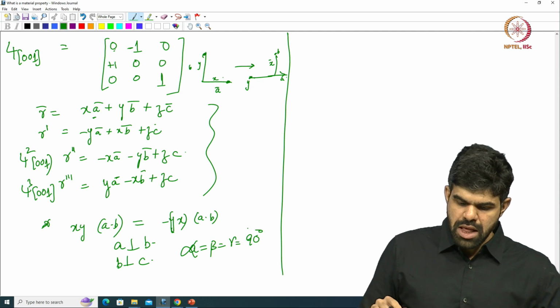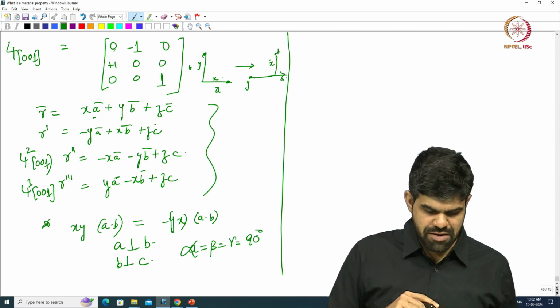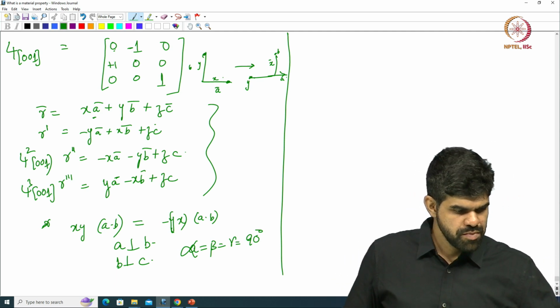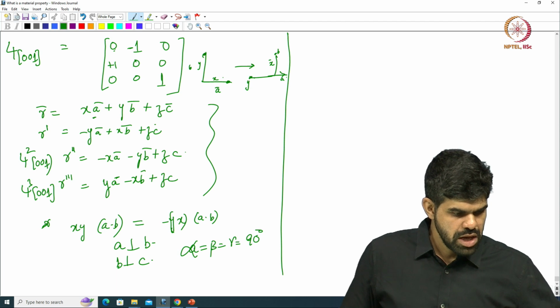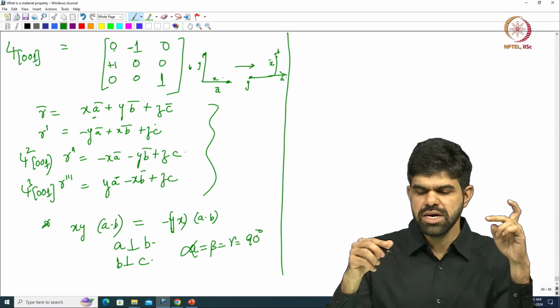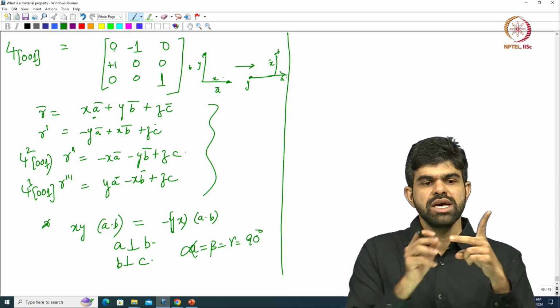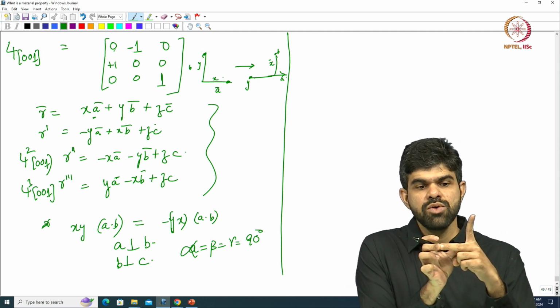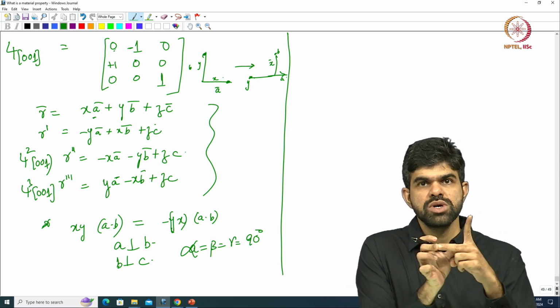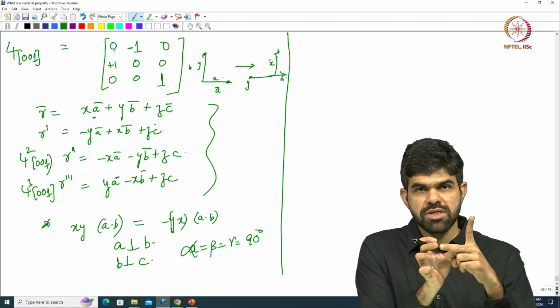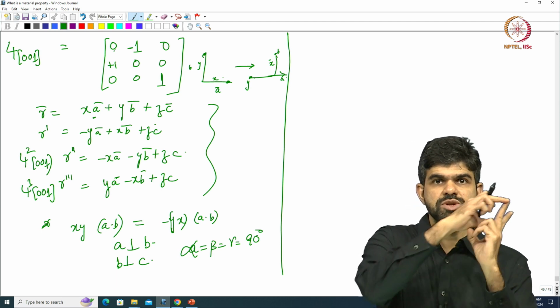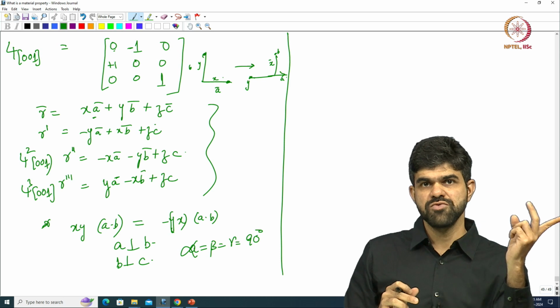Okay. The other thing, however, is, here I am not going to mathematically prove it, but I am just going to say that x now transforms to the vector y, right.